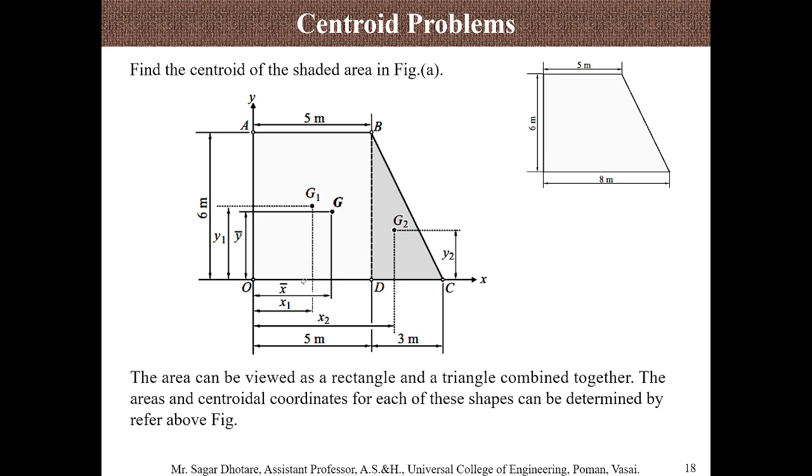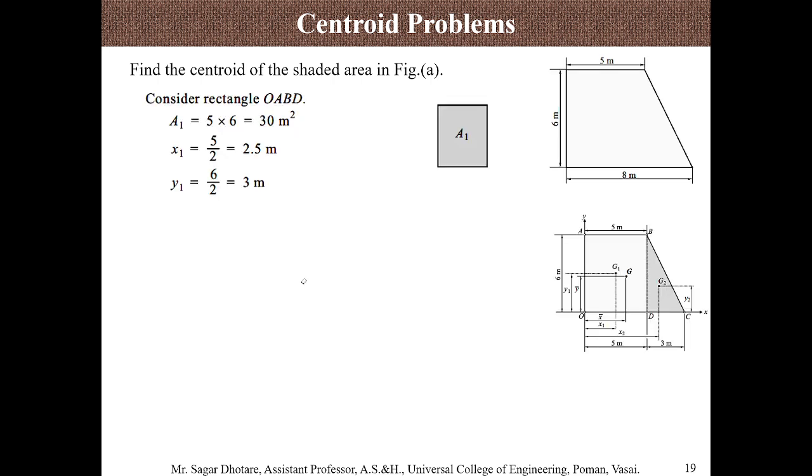Okay, so let's calculate the areas. For the rectangle, area is equal to width into breadth, that is 5 into 6, so 30 meter square is the area.